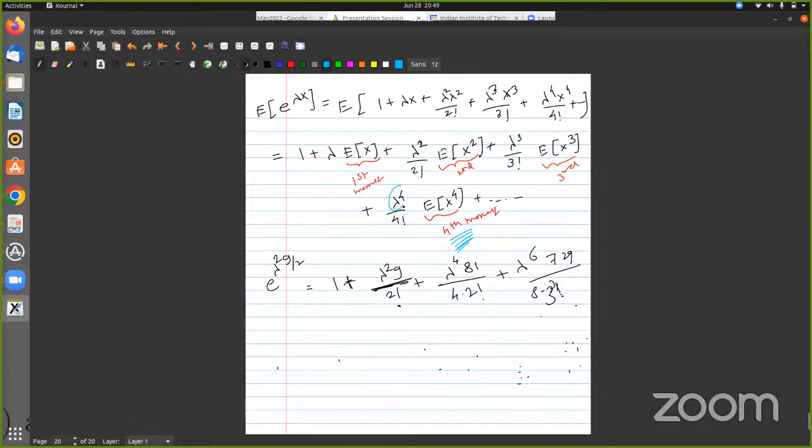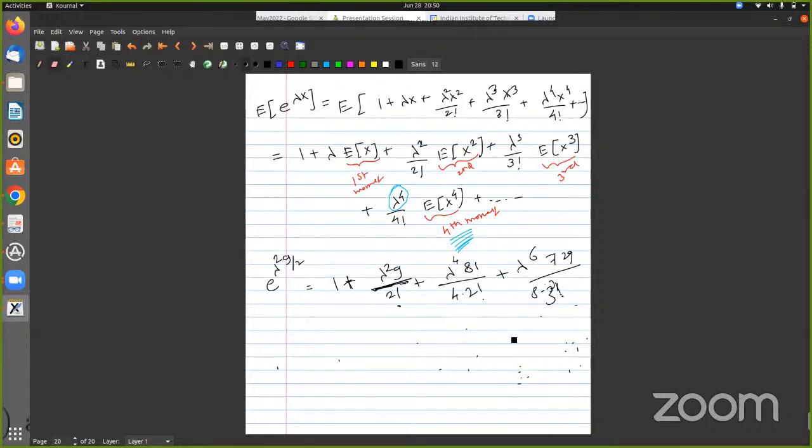This one, lambda to the power 4, right? Okay, now I understood, sir. Thank you. The next term will become lambda to the power 8, right? Yes, and some numbers, correct?